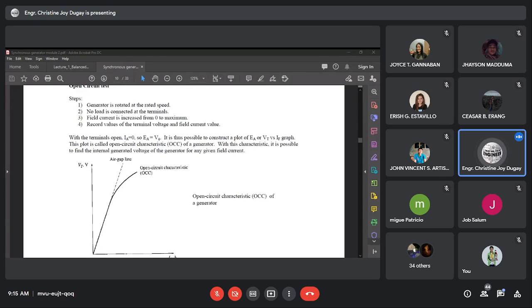Ang rated speed po is, for example, a 4-pole machine, 60 Hertz. Ano ang speed mo dyan? What is the speed of a 4-pole 60 Hertz machine?